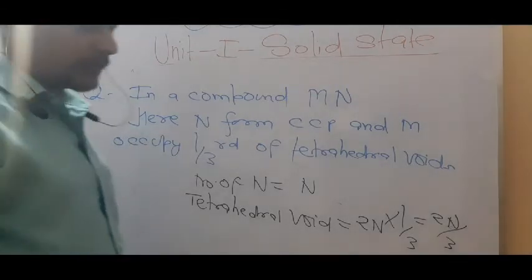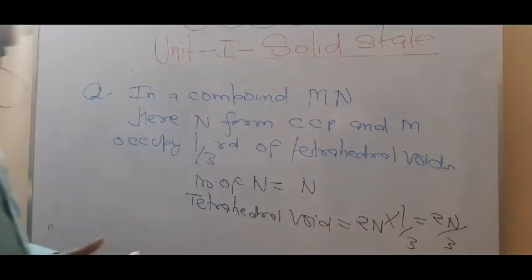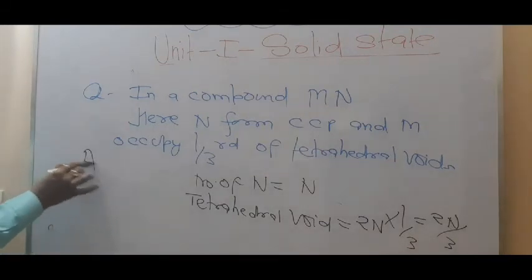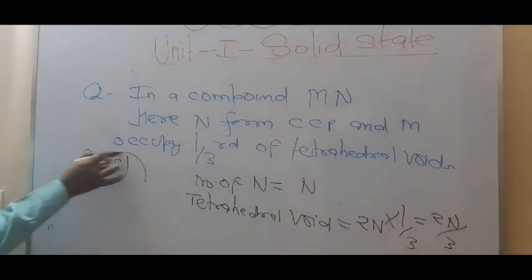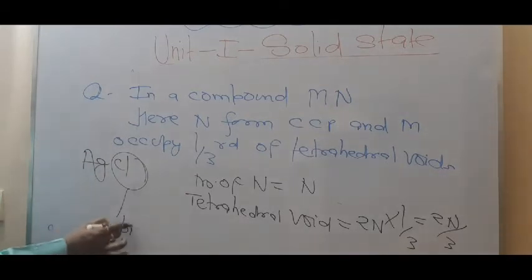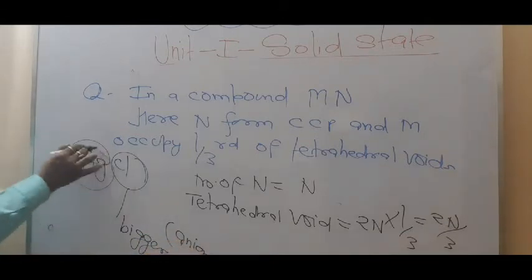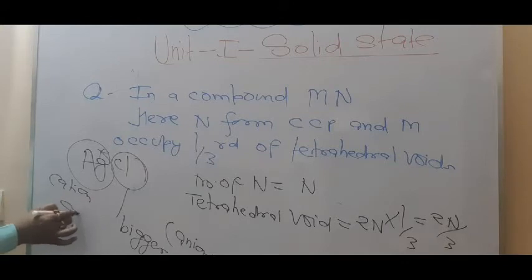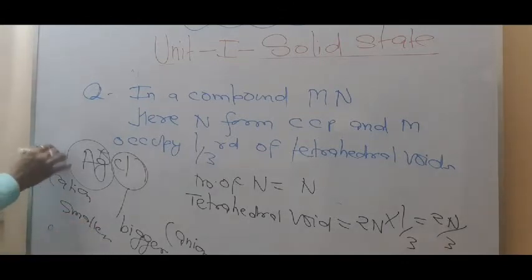One more thing I told you: in case of ionic compounds, just think about AgCl. Most of the time anions are bigger in size and cations are generally smaller in size. Cations may be of two types.